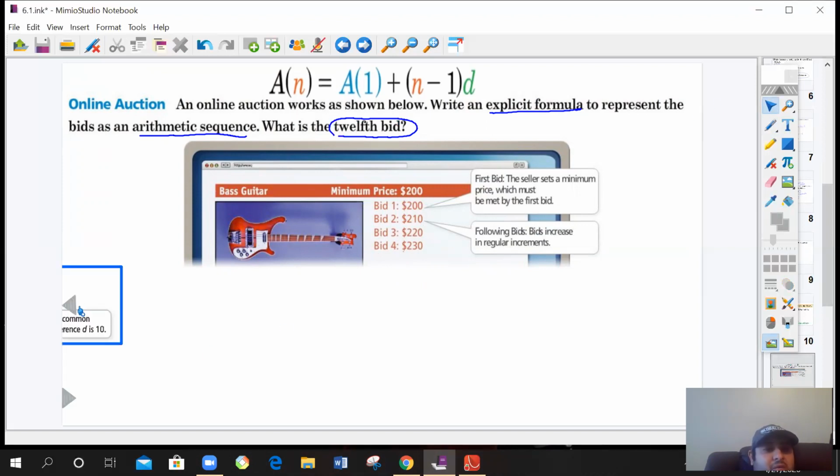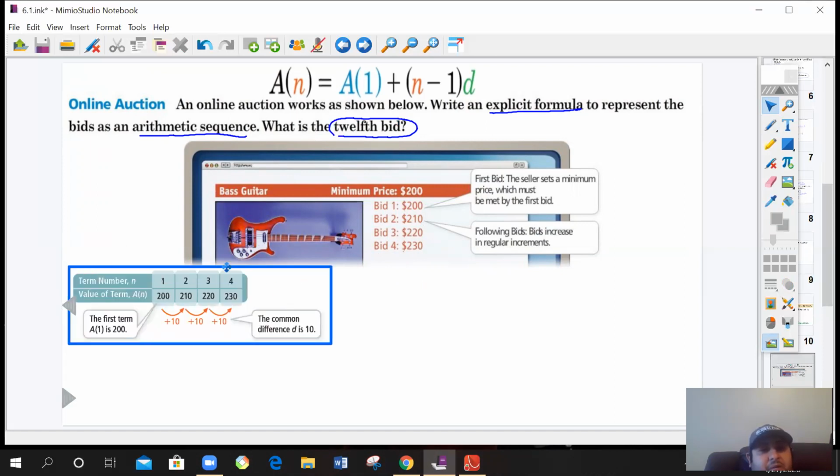So first things first, we do this as a table. We write down the bids, which is your n terms, 1 through 4. Then we have the value of the terms of every single bid, and we have a common difference of 10.